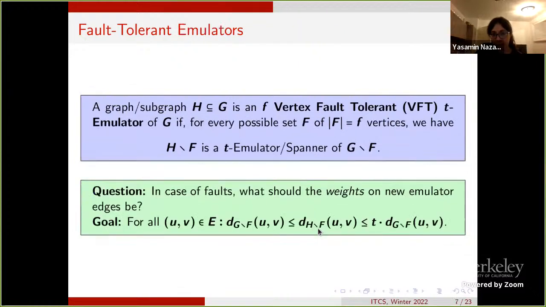Note that this definition is easy to understand when we talk about spanners. Spanners are just subgraphs. But when we think about vertex fault tolerant emulators, we have to answer another question, and that is, how are we going to set weights for edges that were not in the original graph?